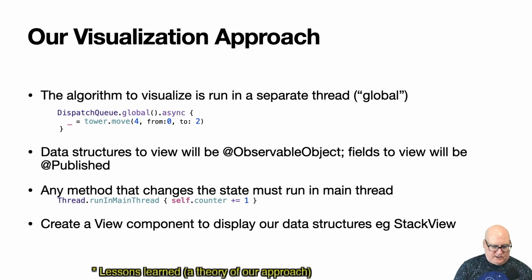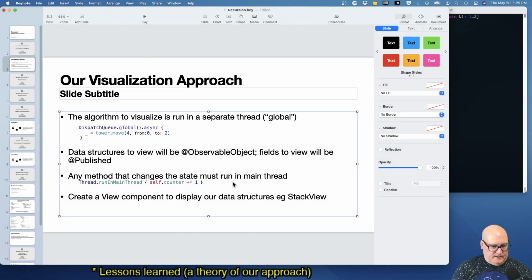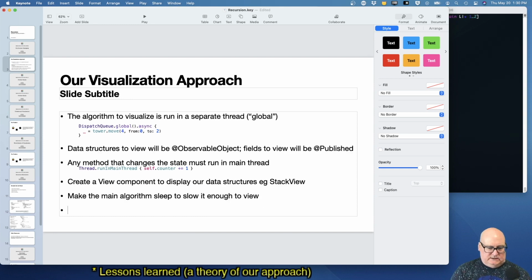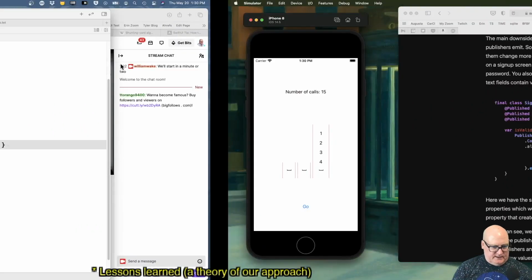Create a view component to display our data structures. Right. Make the main algorithm sleep to slow it enough to view. If that makes sense. And we had some code for that.